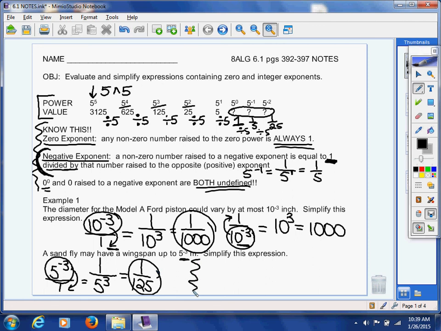This isn't the answer, but what if 5 to the negative 3 was negative in the denominator? Then all you would do is pop it up to the numerator, and it becomes 5 to the 3rd, which is 125. So I just wanted to iterate and reiterate how to move negative exponents so that they become positive.